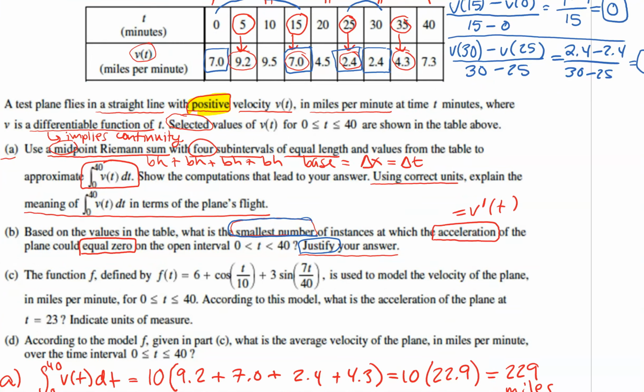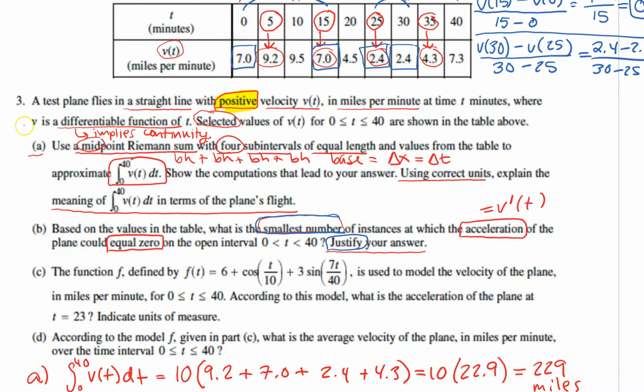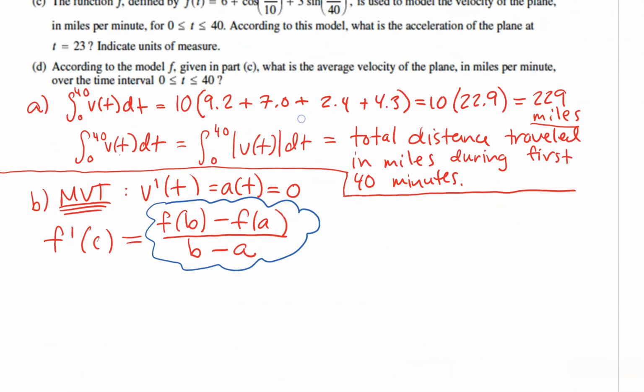So here's how we're going to do that. Earlier in the problem, it told us v is differentiable on this interval 0 to 40, and the fact that it's differentiable implies it's continuous. So we're going to say this.